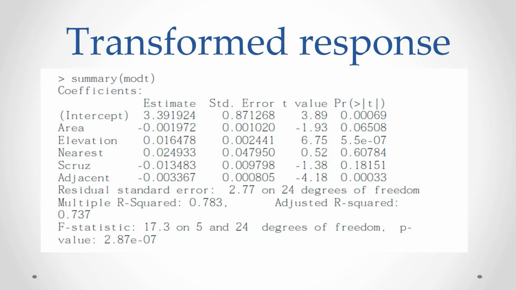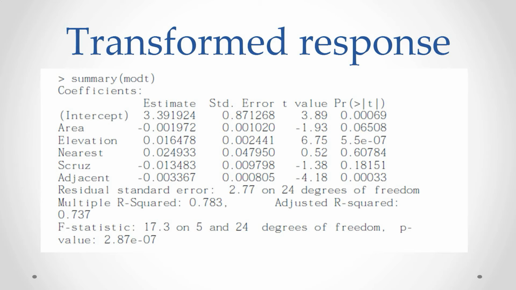Here is the summary of mod t. As you can see, the multiple r squared is 0.783, which is a reasonably good fit considering that we have observational data.